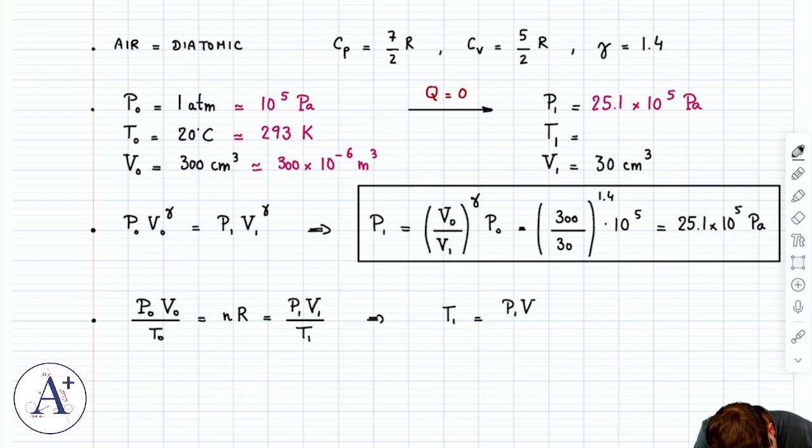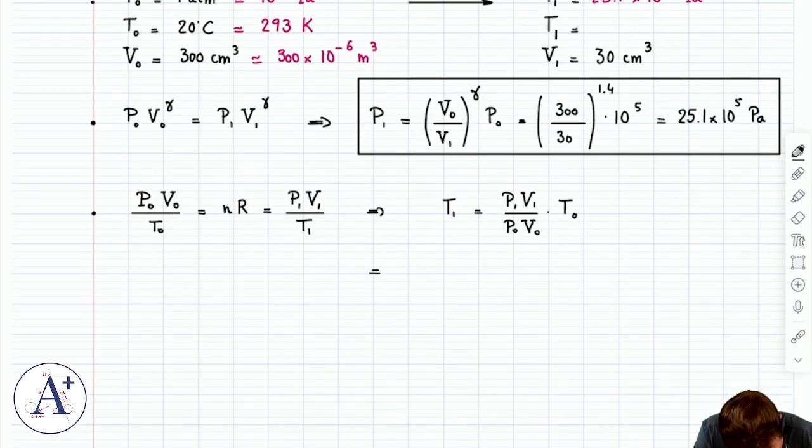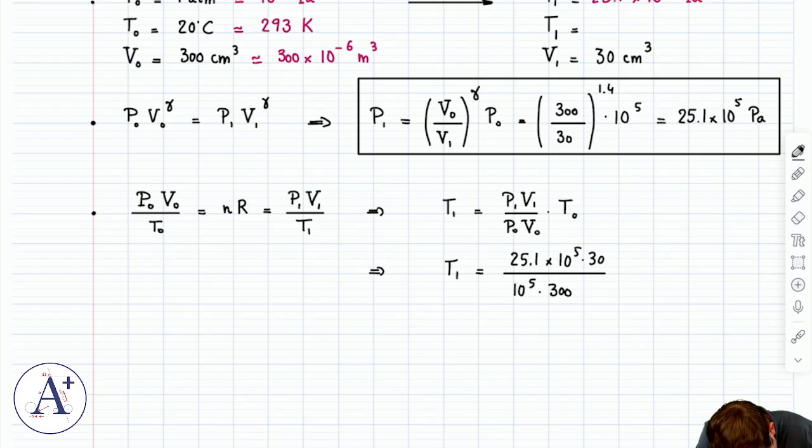Okay, so if I want to find T1, I'm going to say that it's P1 V1 over P0 V0 times T0. All right, so T1 is going to be, P1 is 25.1 times 10 to the 5. V1 is 30. Now, arguably should be 10 to negative 6, but again, I have a ratio here, so the conversion factor is going to go away. P0 is 10 to the 5, and then this is 300.